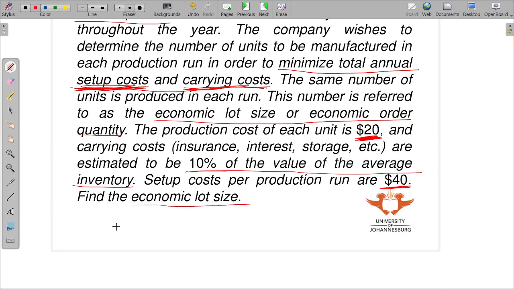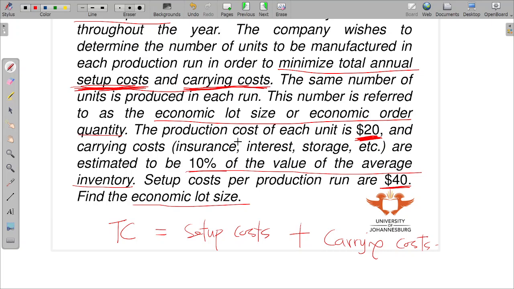So we have total cost. I can call it TC, equals setup cost plus carrying cost.